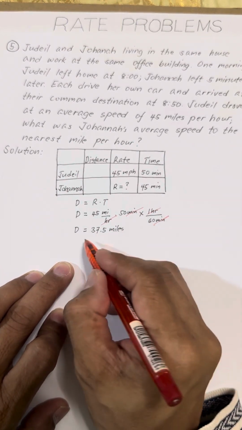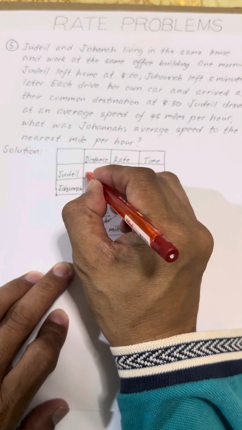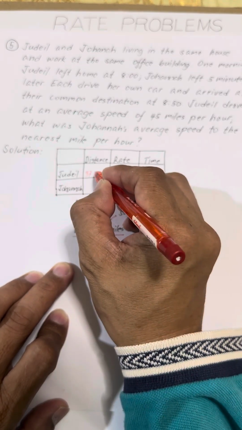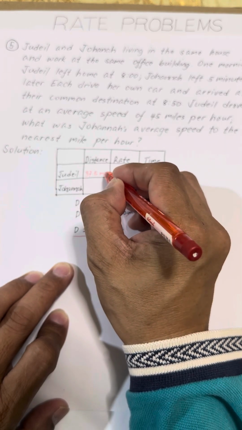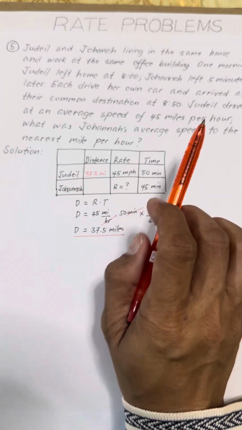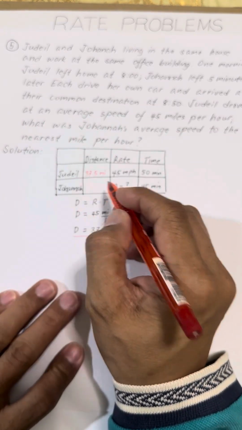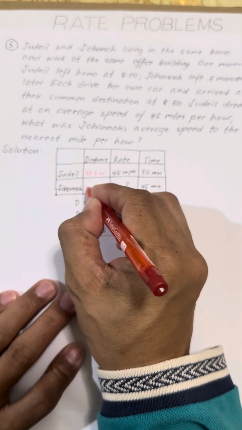So it means that this distance for Judel is 37.5 miles. Since they live in the same house and work at the same office building, their distances are just the same. So this is also 37.5 miles.